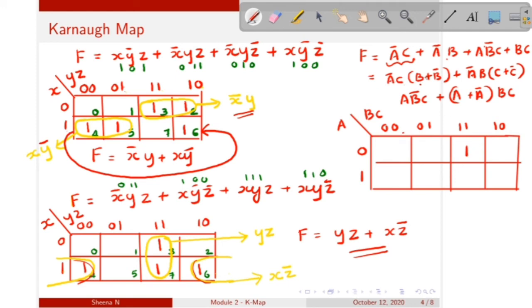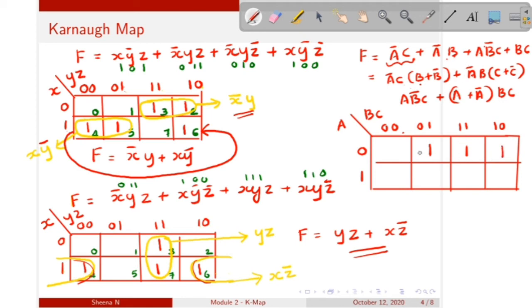Next one is a bar b bar c, 0 0 1. Then a bar b, missing is c, so a bar b c, 0 1 1, same as this one, already marked. Then a bar b c bar, that means 0 1 0.